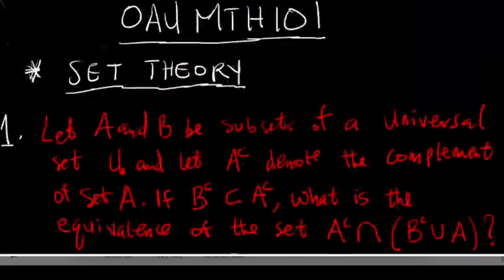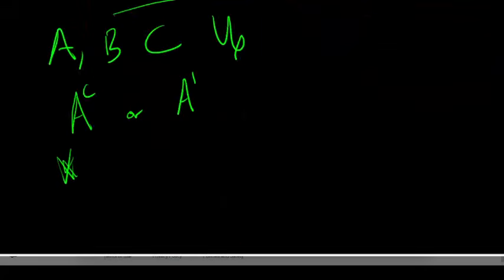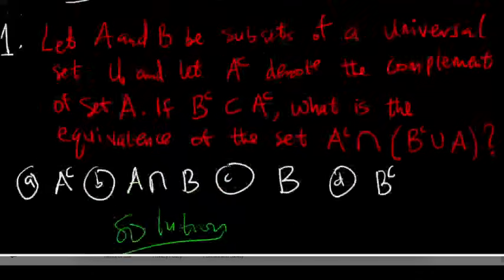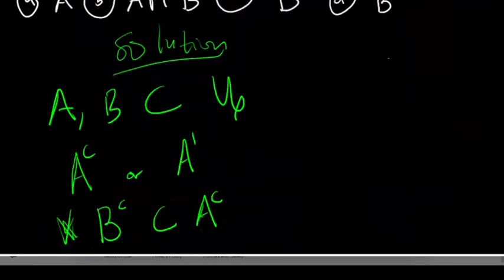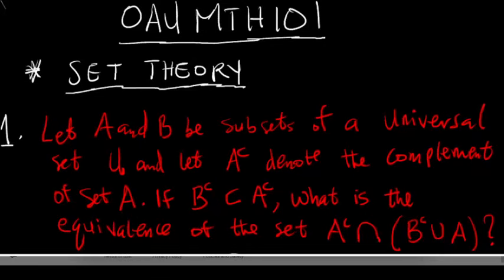Moving on, we are given a certain condition. This is the most important aspect of this question. We are given a certain condition to work with, and I will explain the main idea behind all these concepts so that you can use this idea to solve other questions as well, because that's the most important thing about this channel.